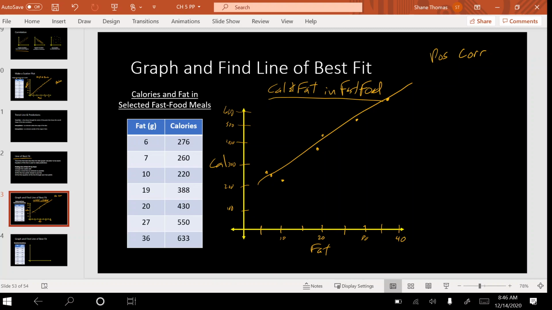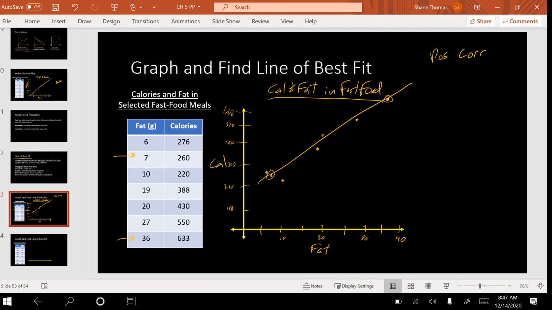So I have it through the center. Looks like that point and that point are both touching my line. Would you agree? All right, so those ones would be the best descriptors possible. So that would be 7 and 36.